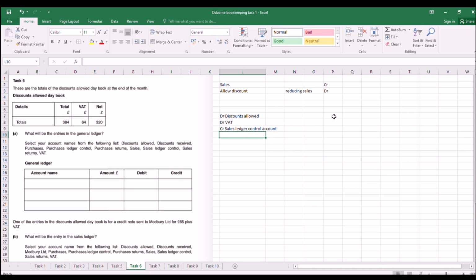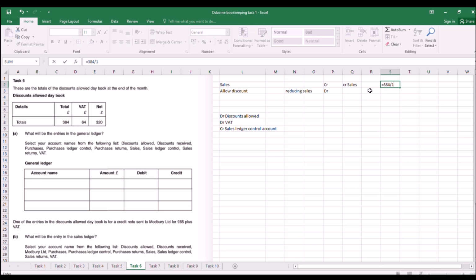So let's imagine that we had a 100% discount allowed. Initially we would have gone sales of £384, let's say. So we would have gone credit sales 384. Sorry, it wouldn't be 384, it will be net of VAT.